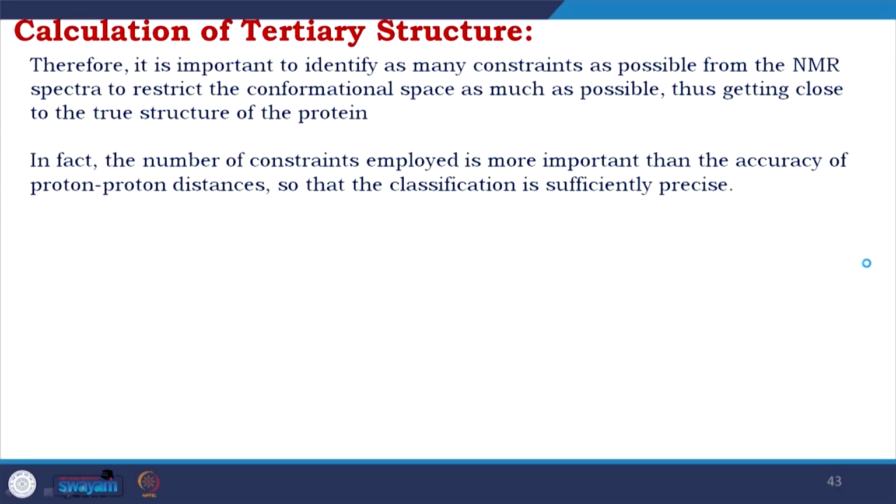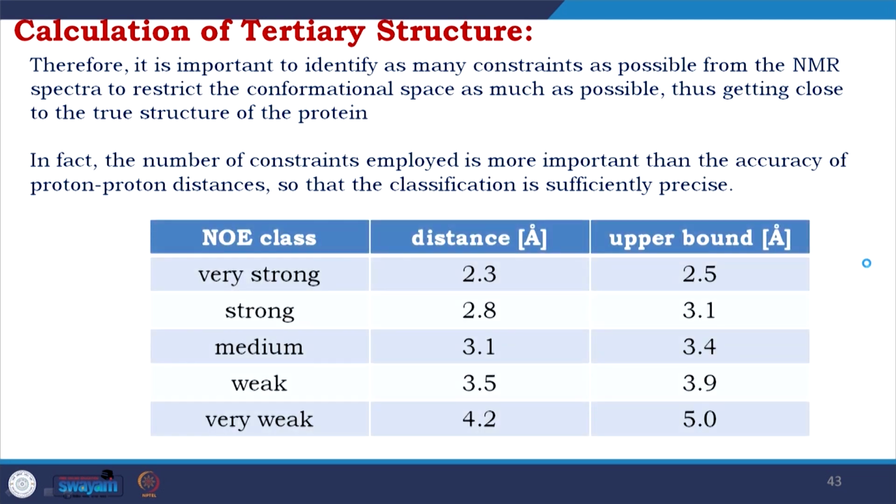In fact, the number of constraints employed is more important than the accuracy of proton-proton distances, so that the classification is sufficiently precise. So, I talked about the NOE classes. For very strong it is 2.3 to 2.5, for strong it is 2.8 to 3.1, for medium it is 3.1 to 3.4, for weak it is 3.5 to 3.9, and for very weak 4.2 to 5.